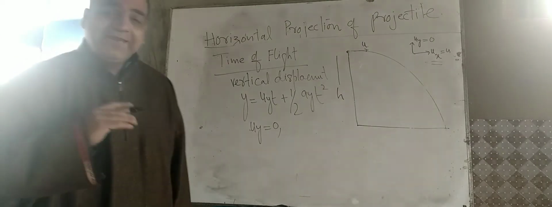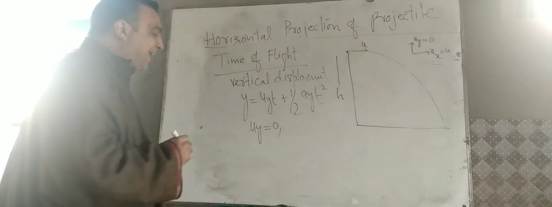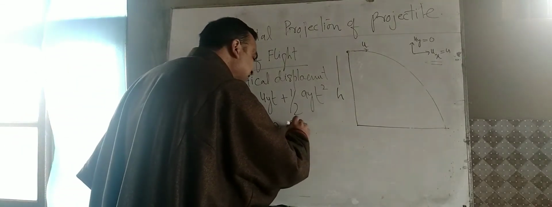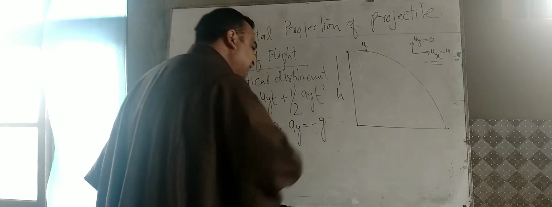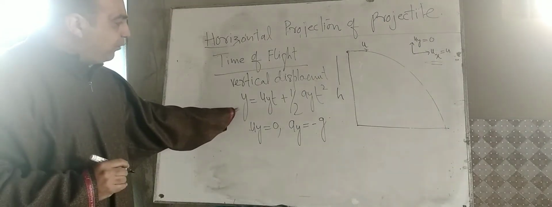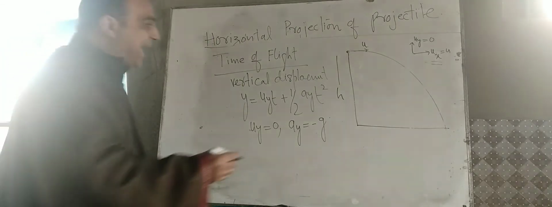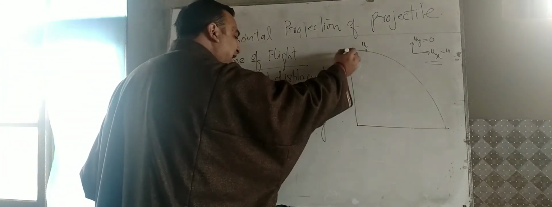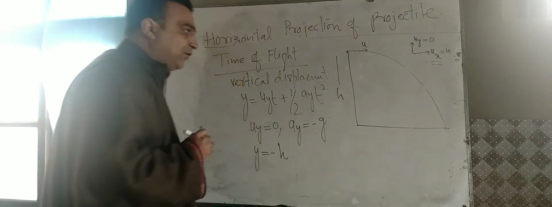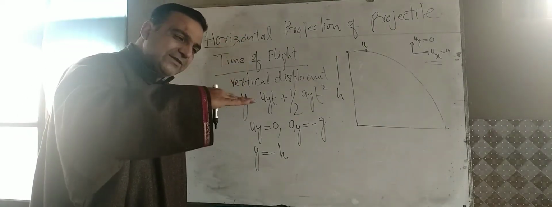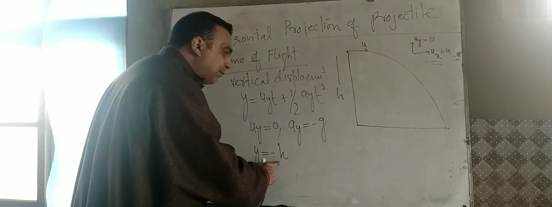All of you know that in projectile motion, there exists only vertical acceleration. And for the sake of sign convention, since this projectile is going down, this ay is taken as minus g. Now y? What is y? If I replace this vertical displacement y by the height from where the projectile is shot, this y should also be taken as minus h as a convention, because the displacement is decreasing as the projectile goes down.